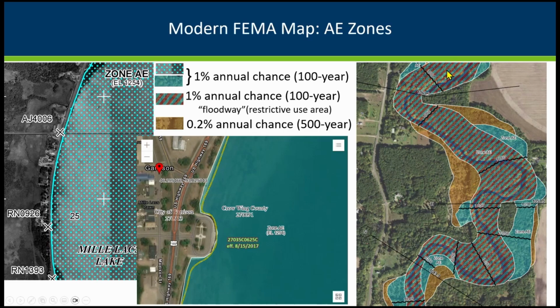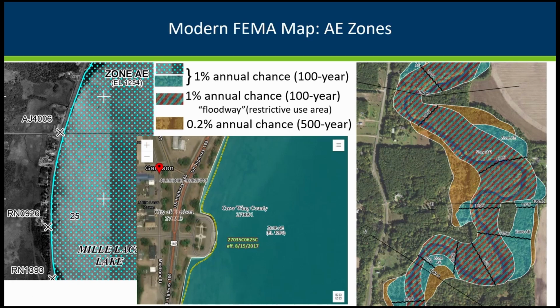On the watercourses, you will see in many cases this floodway area, the red and blue area. It's a more restrictive area on the watercourse. And then the flood fringe area is that light blue area. The base flood elevation is the same, whether you're in the floodway or the flood fringe.